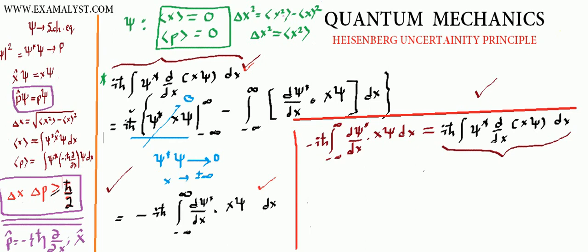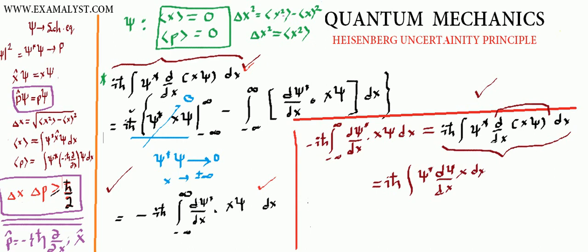When you do differentiation by parts, I know how you do it. So you'll get h cross, i h cross. What will be the first term? For this one you have to do differentiation by parts. So the first term will be psi star, that term will remain as it is. The derivative will act on the second term, d by dx, and then there will be an x as it is, and there will be dx.